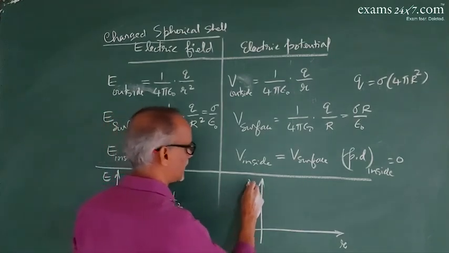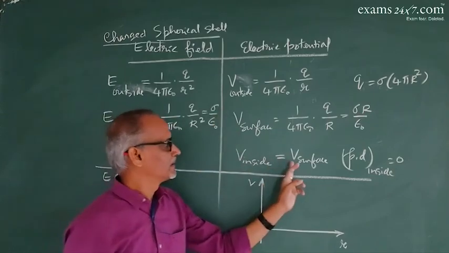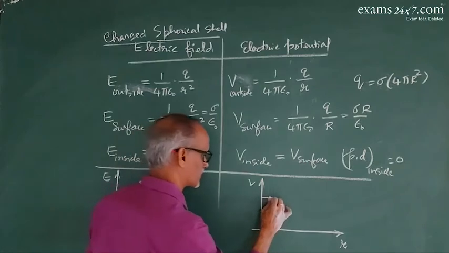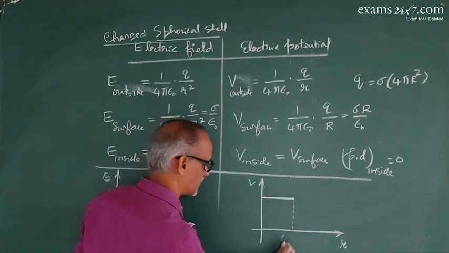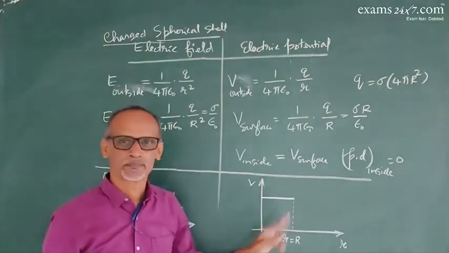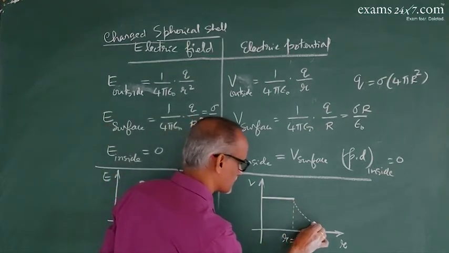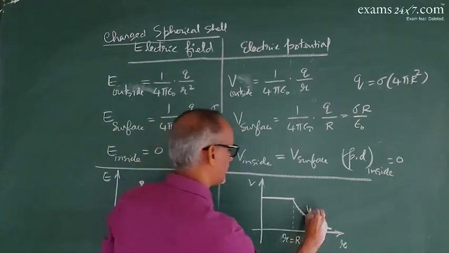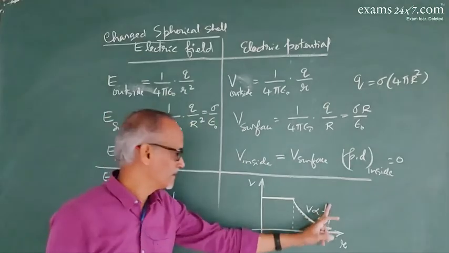And when we draw potential versus r, potential inside is same as that on the surface. It's a constant value. There is no variation, till we reach the surface, till r becomes R. Then it decreases and it varies V inversely as r.